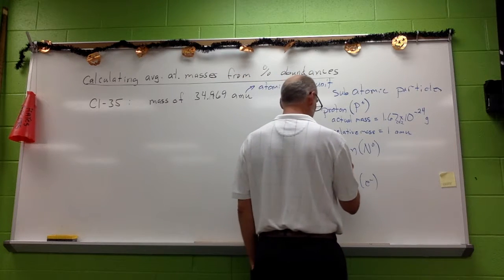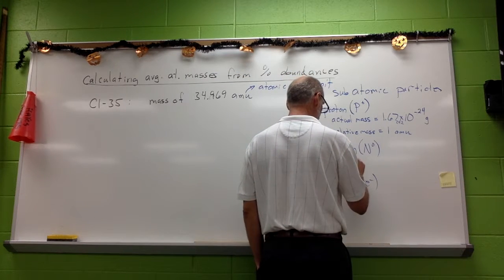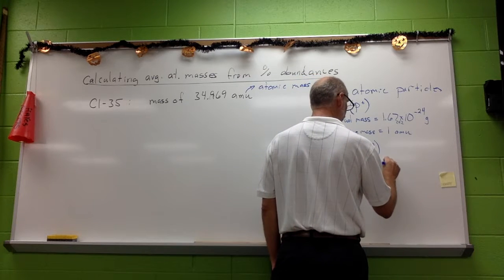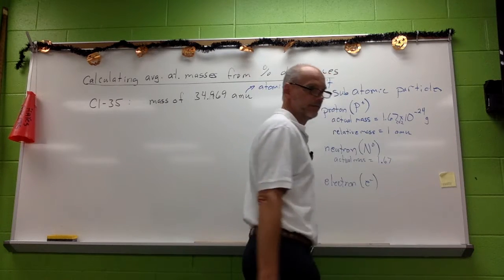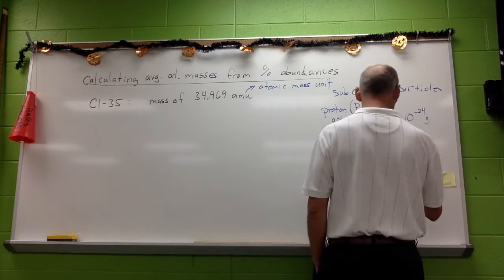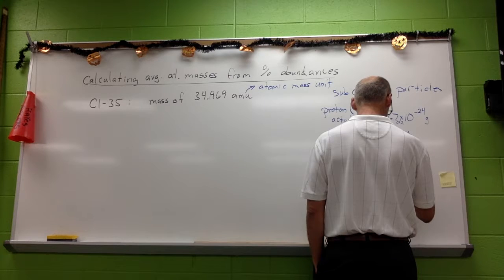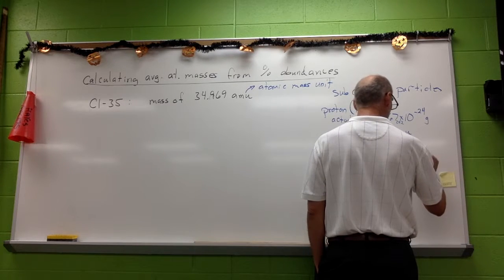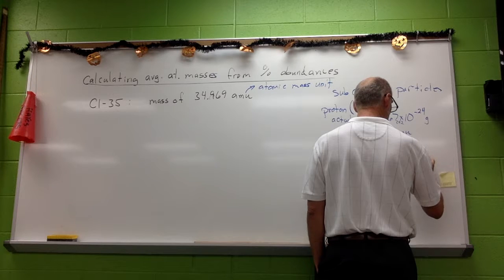Neutron, actual mass: 1.67, and I'm going to give you 3 more significant figures, 493 times 10 to the negative 24th grams.